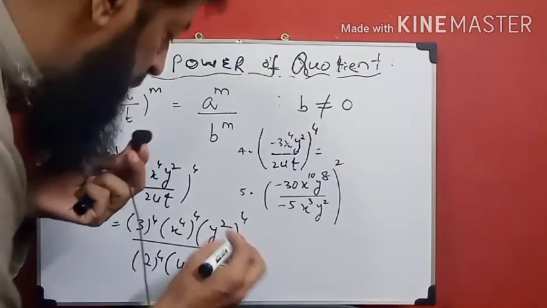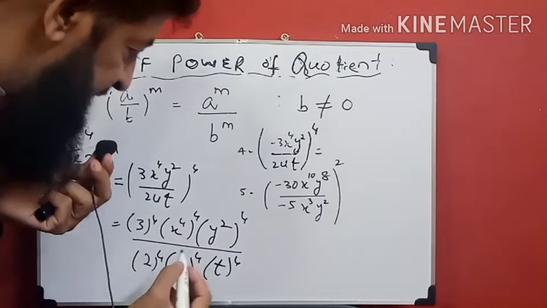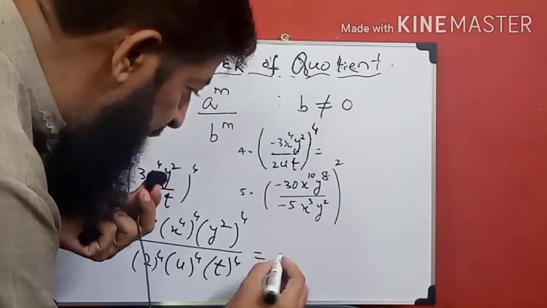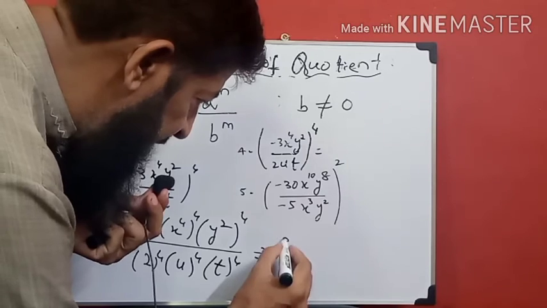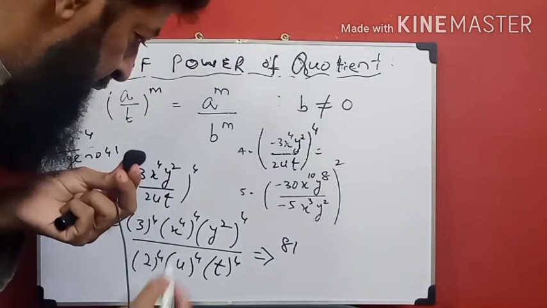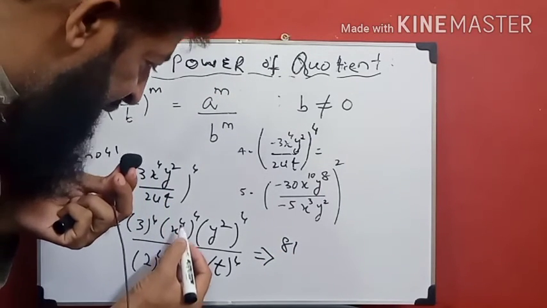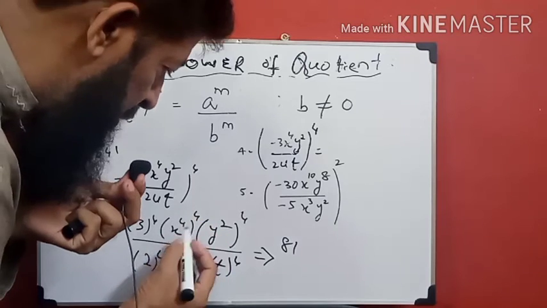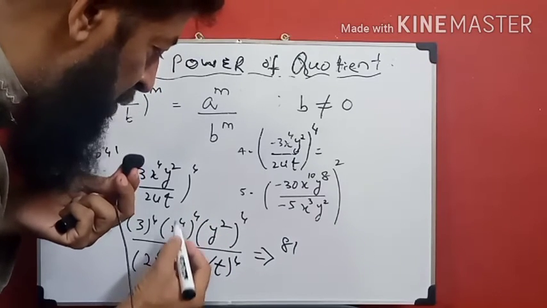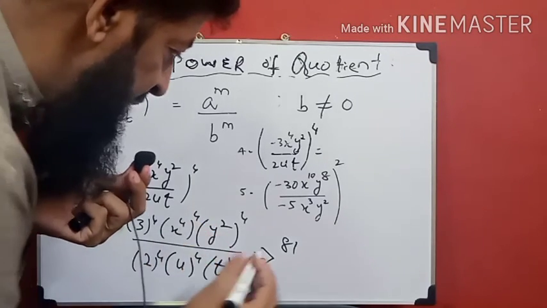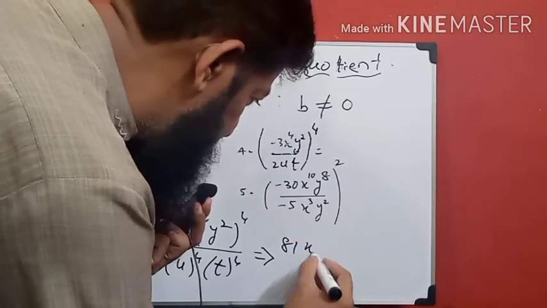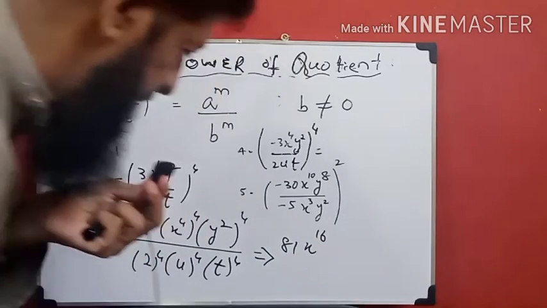Now 3 raised to power 4 means 3 multiplied by itself 4 times. That means 81. Now x raised to power 4 of the power 4, we must follow the rule that power of power is multiplied, so x raised to power 16.